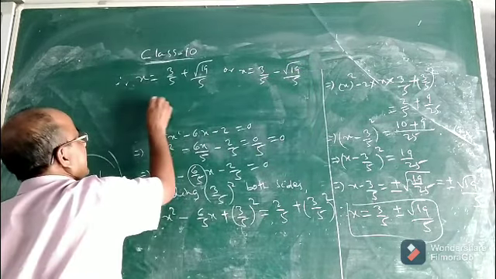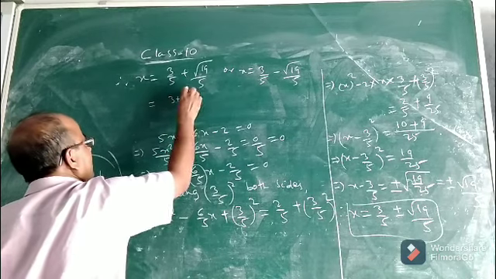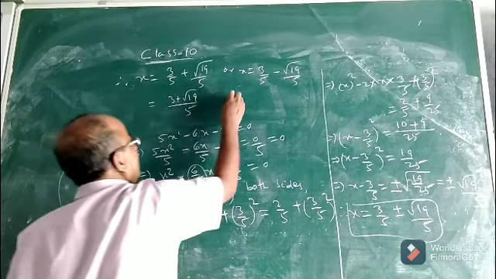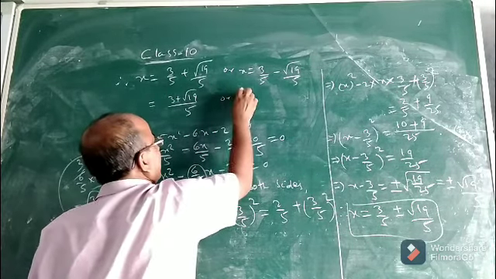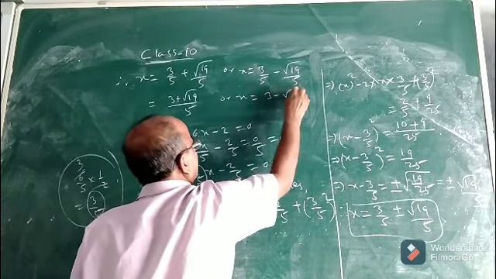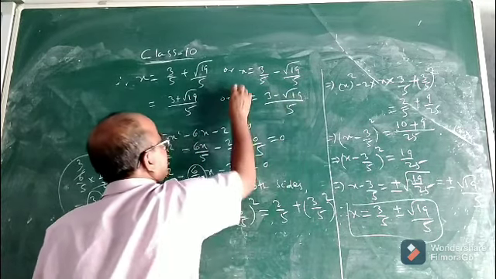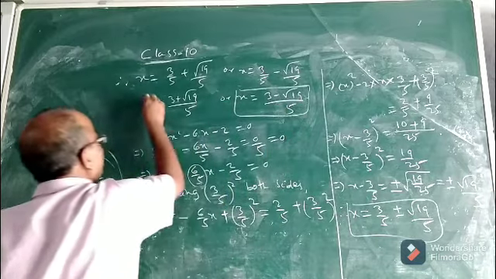Now take the LCM again: x equal to 3 plus root 19 by 5, or x equal to 3 minus root 19 by 5. So these are the two roots.